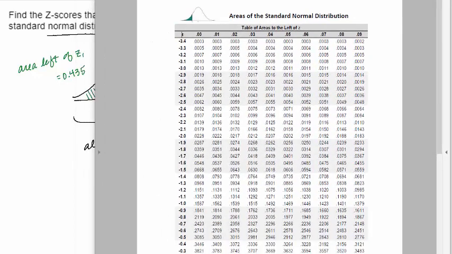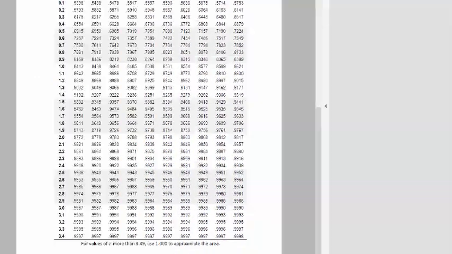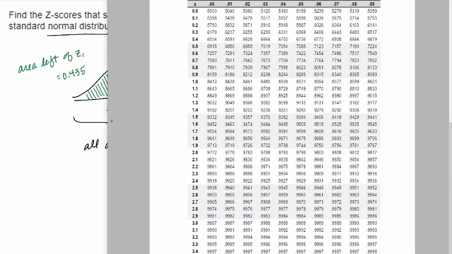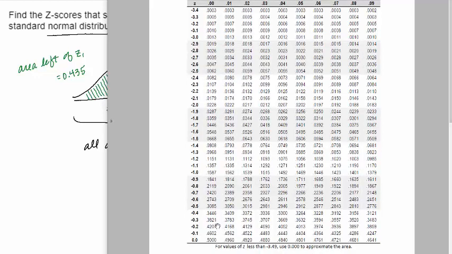Then by the table version, we have to find that 0.435 inside the standard normal table. This table starts with the positive values, those are 0.5 values. We need a little bit less than that, like down here, 0.43.